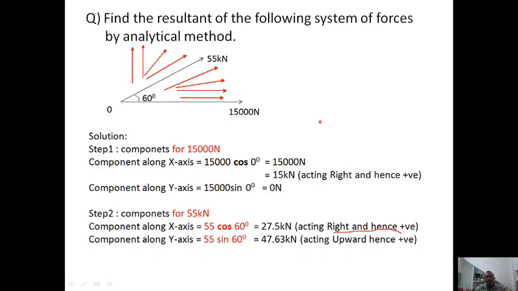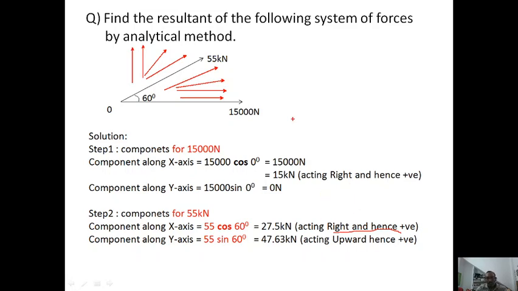This is the way you have to see that rotation, whether it gives the positive y direction or negative y direction, or positive x direction or negative x direction of that force. You have to turn it towards the axis. Then you get that sense, which is positive or negative. Right? That is the most important thing in the resolution of forces or analytical method.